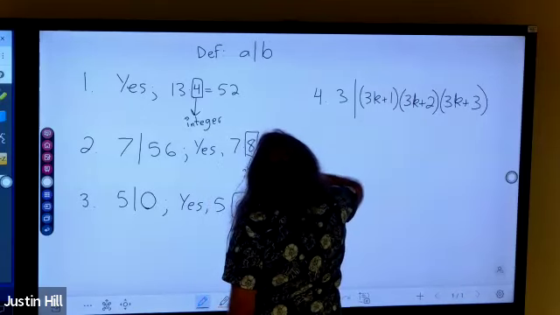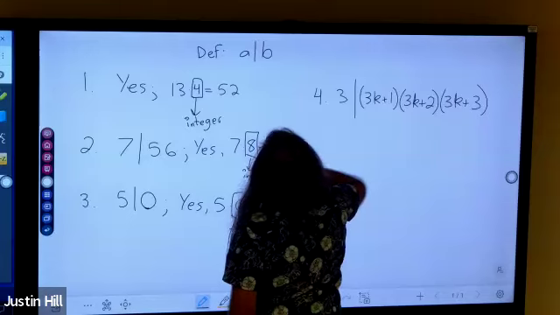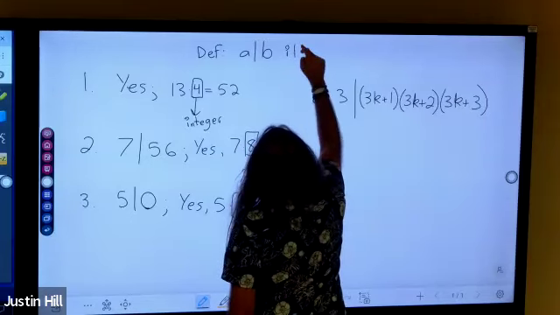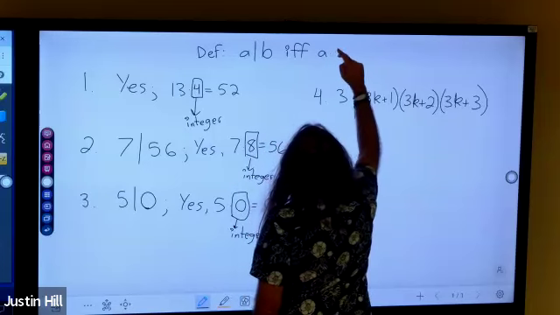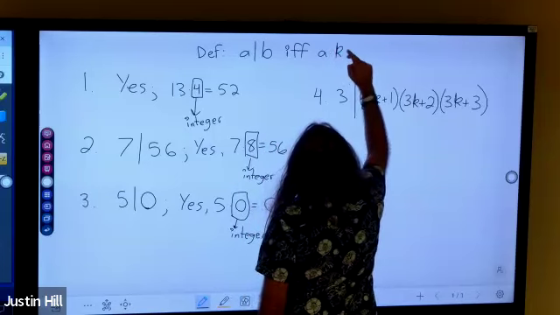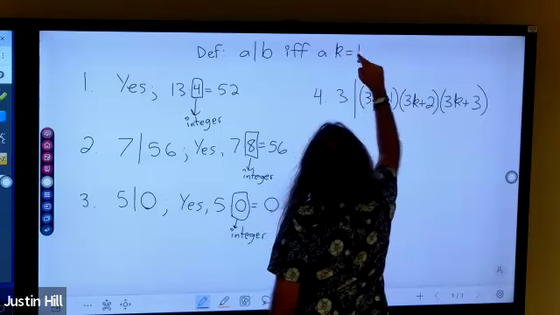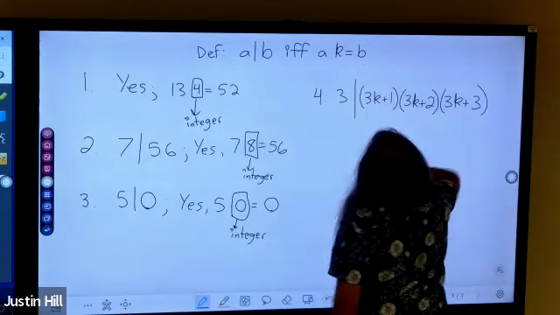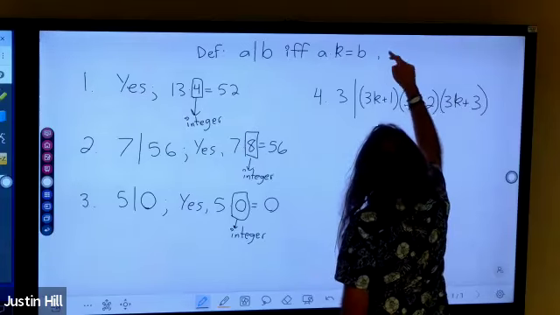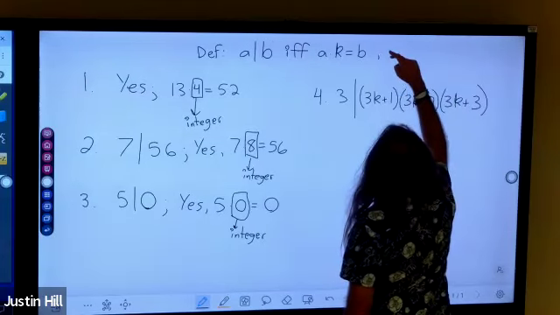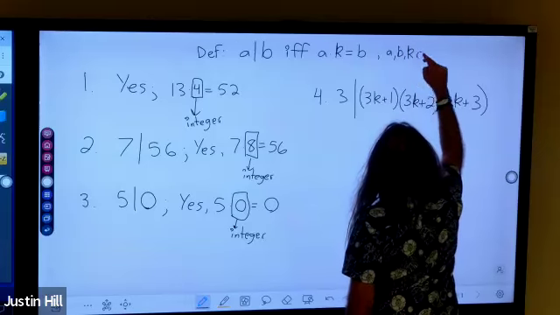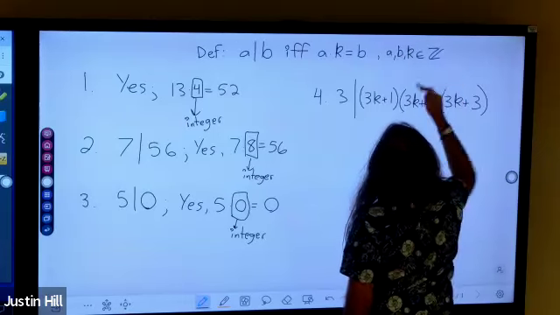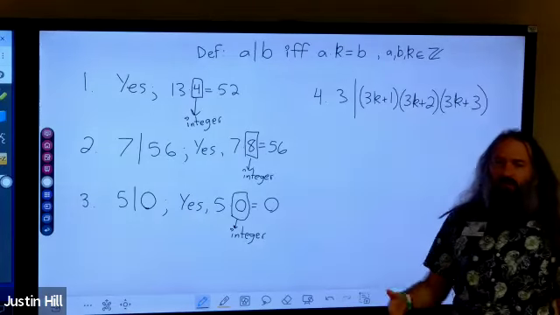Is this an if and only if? Yeah, it's an if and only if. So really all of these are integers: A, B, and most importantly, K being an integer. So that's how we can tell if one thing divides another.